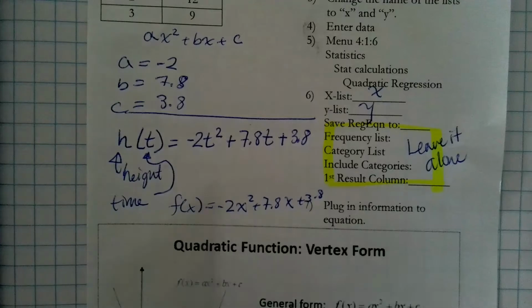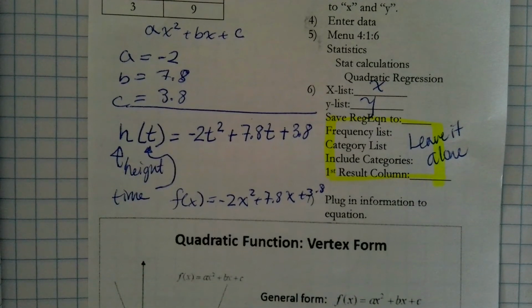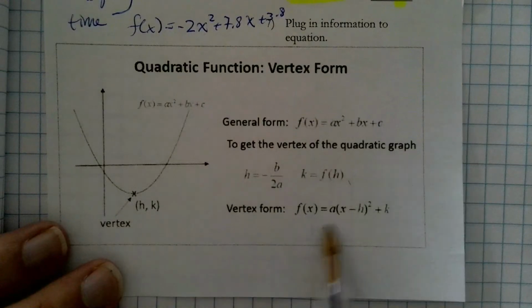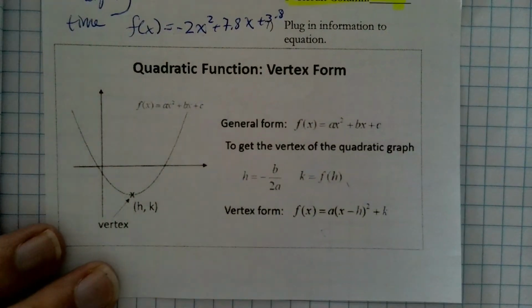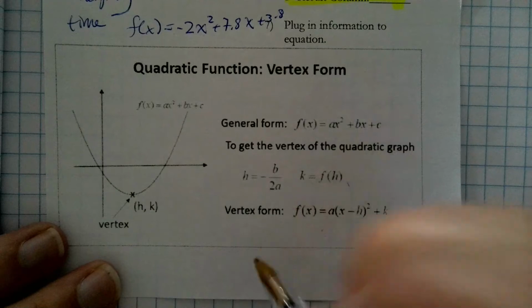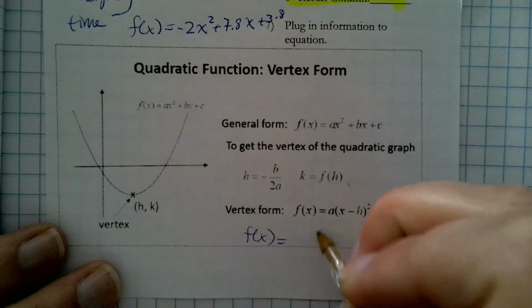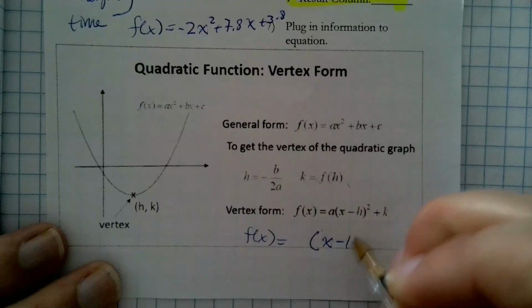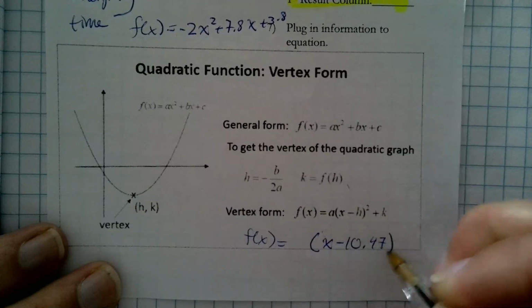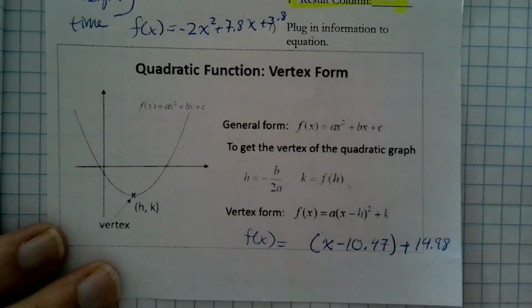Okay. Now this format, one of the things you have to be able to determine in Algebra 2 is the difference between vertex form, which if you remember the basketball thing we did where you had to make the curve that goes in the hoop. So that curve on the very last question, it gave you something like f of x is equal to, I don't remember what their a was, but it was x minus 10.47 squared plus, I think it was 14.98.